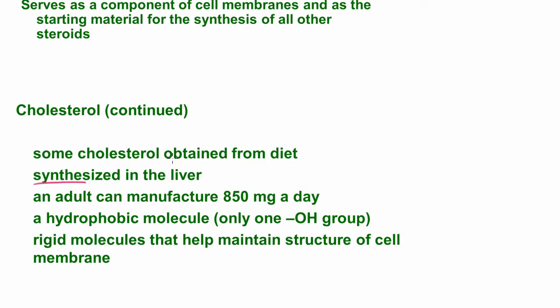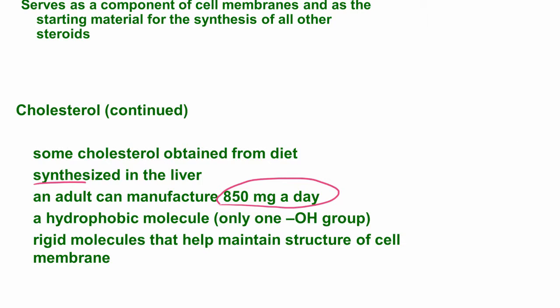Cholesterol also contributes to heart disease because of its presence in arterial plaque. Even on a very strict no cholesterol diet, an adult will usually manufacture about 800 milligrams a day of cholesterol.